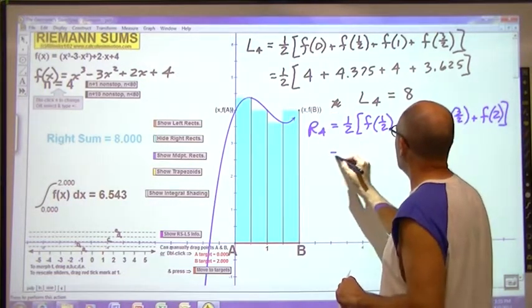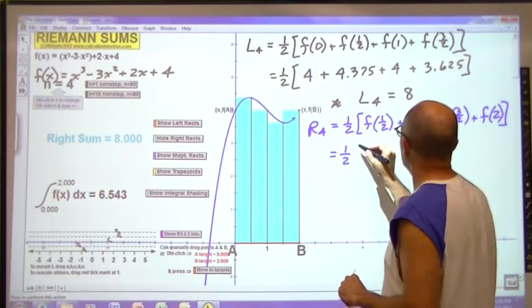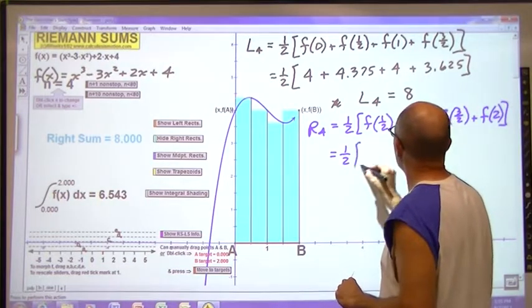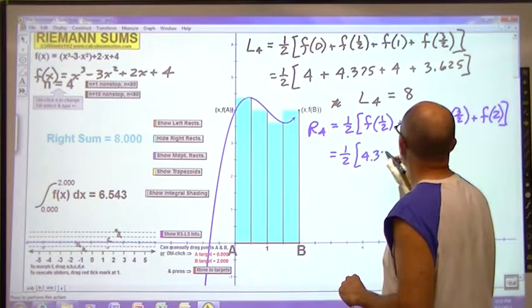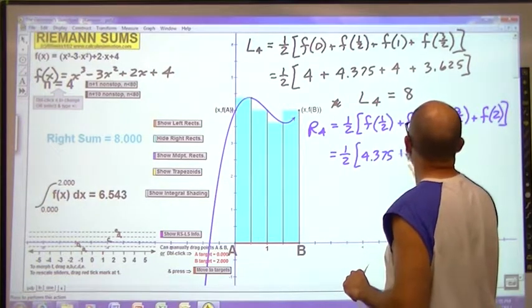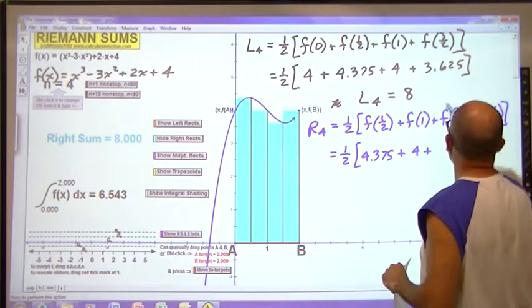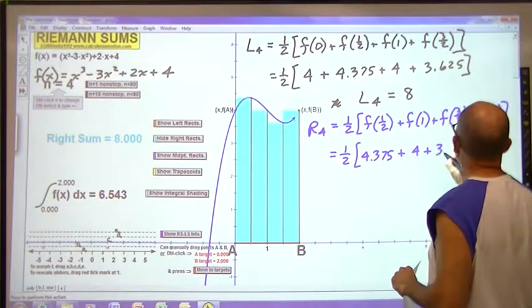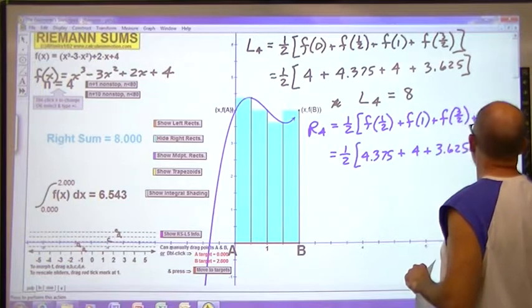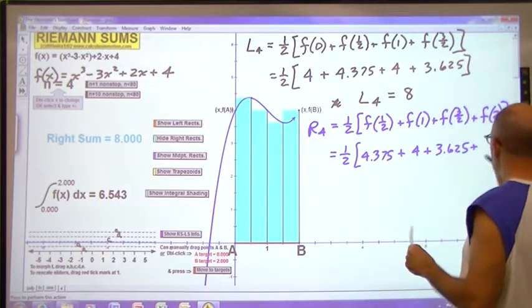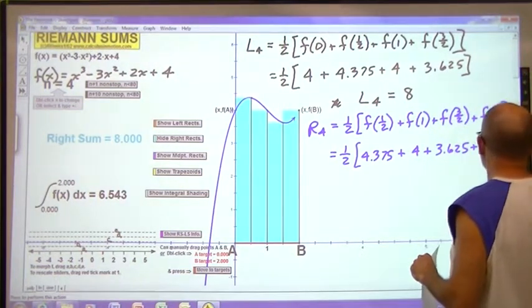So, this is going to equal 1/2 times f of 1/2, which is 4.375, plus f of 1, which is 4, plus f of 3/2, which is 3.625, plus f of 2, which equals 4 again.